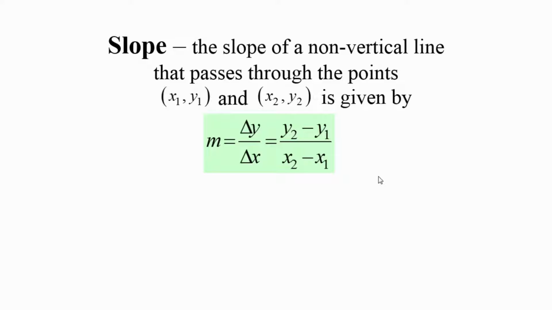The slope of a non-vertical line that passes through the points with the coordinates of x1 and y1 and x2 and y2 is given by this equation, right? So if you have, let's say, something in the first quadrant, I'm just going to draw the first quadrant.